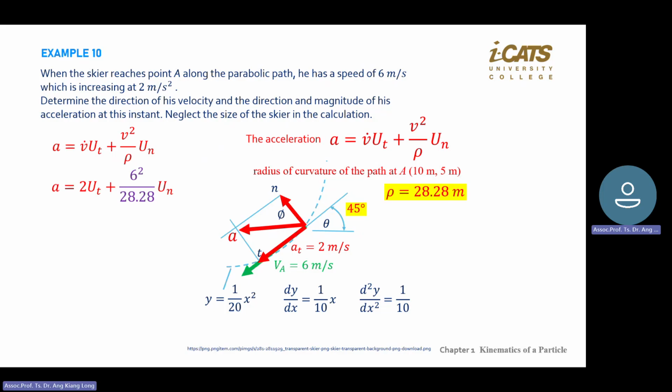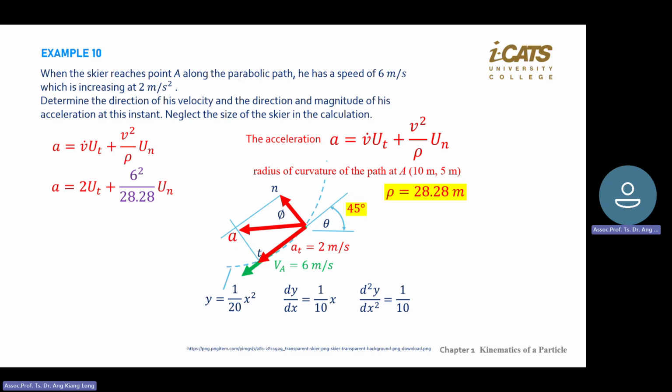Now, once you have that, you just substitute values in. A equal to AT UT plus AN UN. AT you already know is 2. V here is 6. I just highlight that, and this one is not inside my slide. In V squared over rho, the value of V here is the tangent velocity, not V normal.